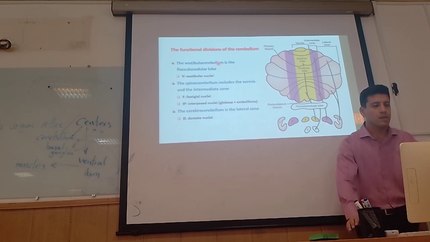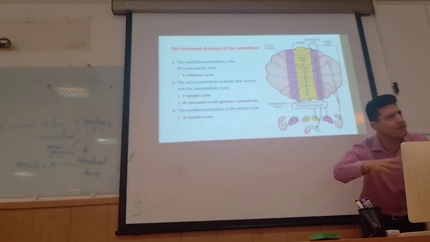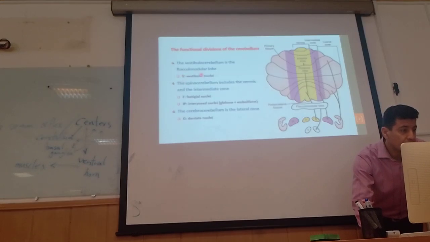The flocculonodular lobe is also called the vestibular cerebellum. It's connected with the vestibular nuclei. We have four different vestibular nuclei: superior, lateral, medial, and inferior. So this is the vestibular part.